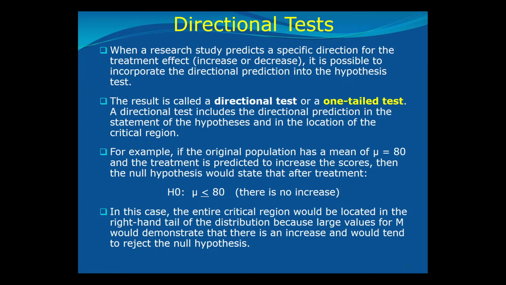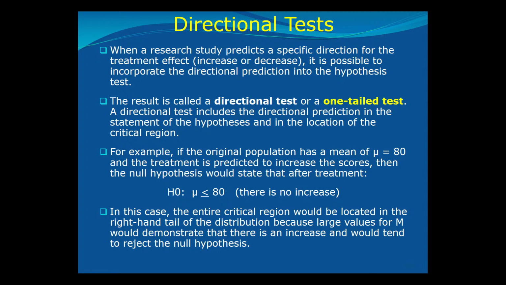So in the directional test, for the null hypothesis, we should use mathematical signs greater or less than. If we use a non-directional test, we should use an equation with an equal sign only. So for a non-directional test, we should write mu equals 80. For a directional test, we should write mu less than or equal to 80.